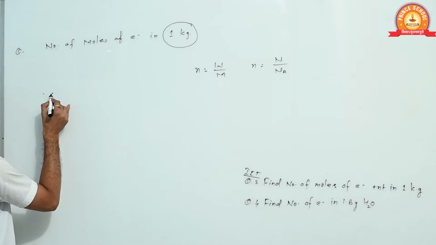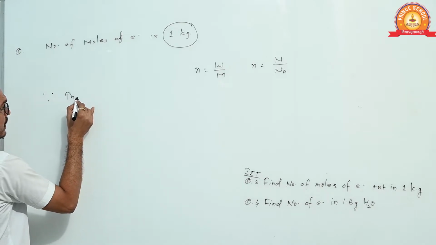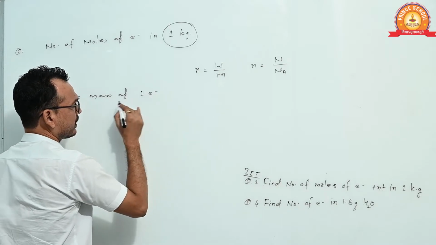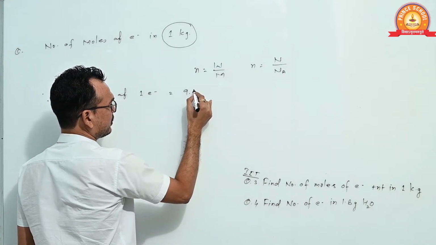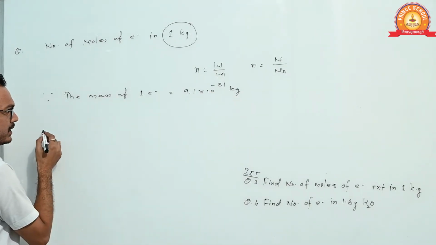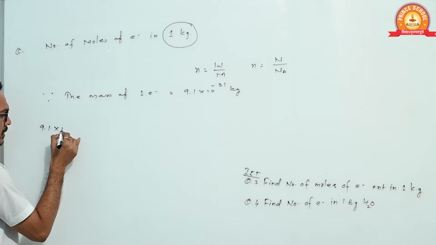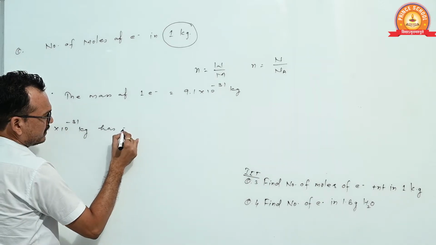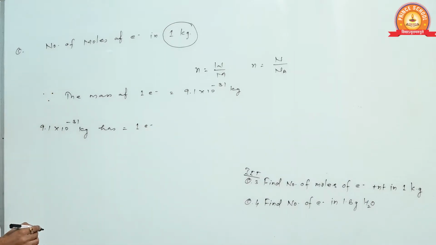Since, think about it, the mass of one electron is equal to 9.1 into 10 to the power minus 31 kilogram. Can we write it? 9.1 into 10 to the power minus 31 kilogram has one electron. Clear?